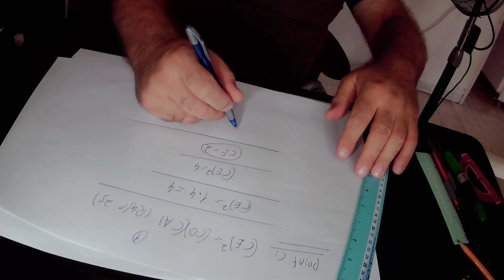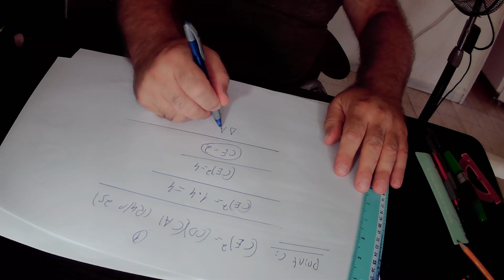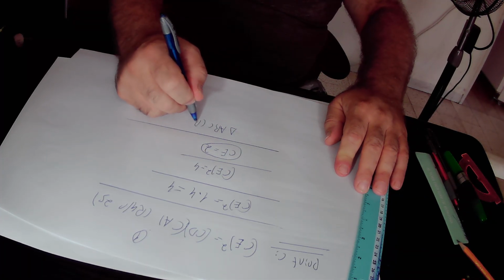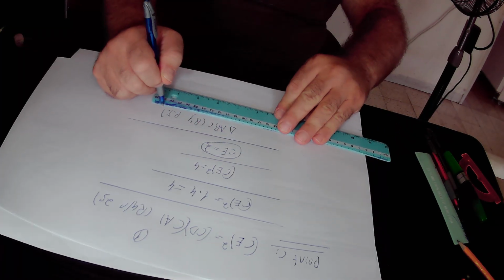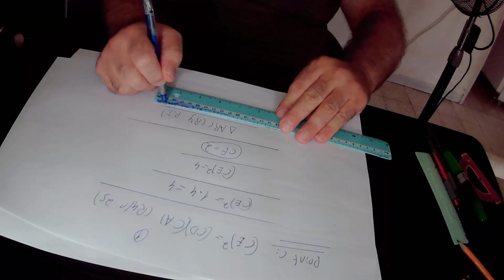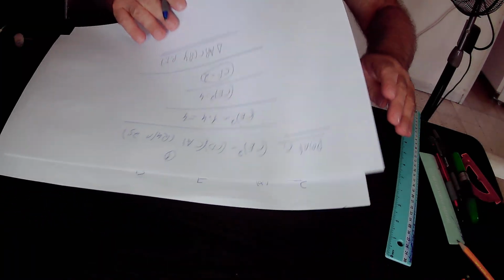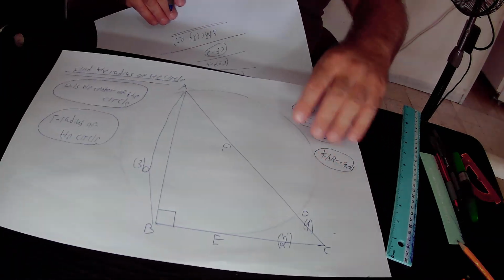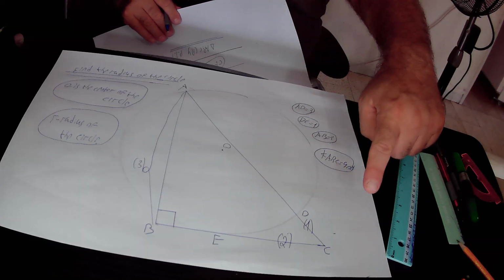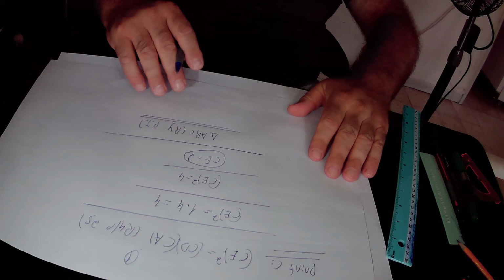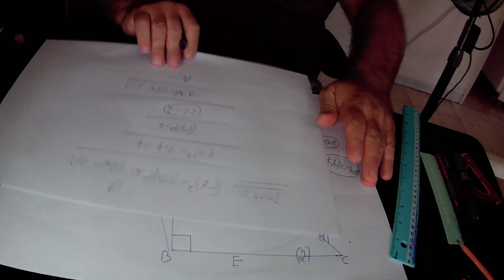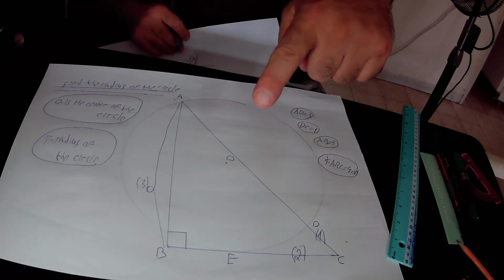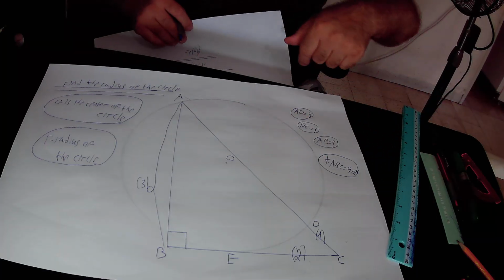So in the right triangle ABC, here PT is the abbreviation for Pythagoras theorem. According to the Pythagoras theorem, the following equation is true: AC squared, that is the square of the hypotenuse, equals AB squared plus BC squared.